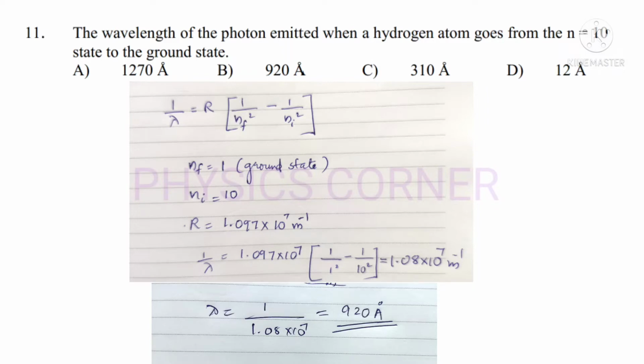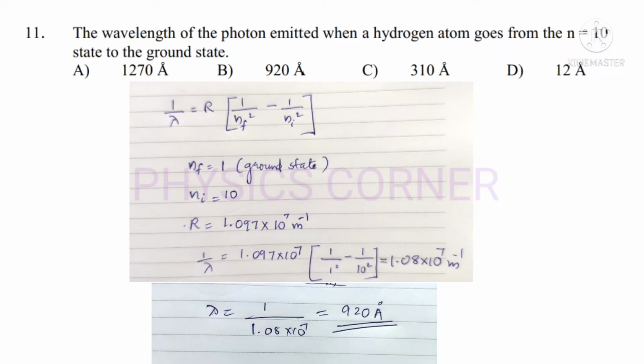Here nf is equal to 1 since the atom goes from n = 10 state to the ground state, right? So nf is equal to 1 and ni is equal to 10, and we have the value of R as 1.097 into 10 raised to 7 meter inverse.